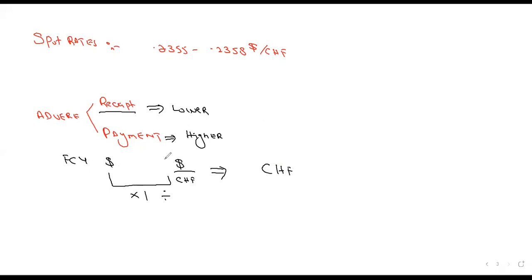The foreign currency will be divided by the rate so that you can get the final answer in CHF. If your answer should be lower, divide with the higher rate so that your answer will be lower. Now understand, brother?